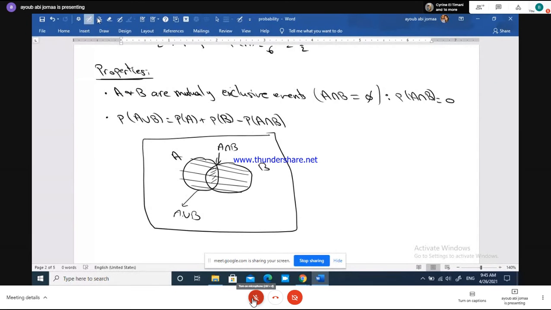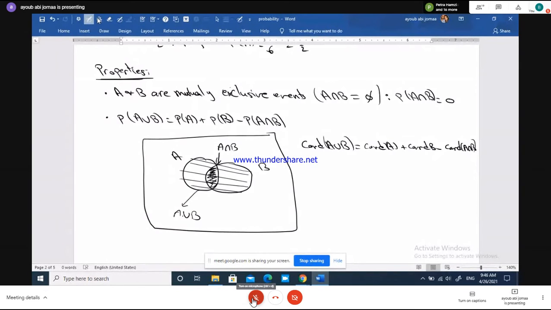If you talk about the cardinal, which is why I told you that you took it last year, the cardinal of A union B is the cardinal of A plus the cardinal of B minus the cardinal of the intersection. The number of elements in A union B is the number of elements in A plus the number of elements of B minus the number of elements of the intersection. Why minus the intersection? For one reason. If you say cardinal of A, it includes all of A, including this part.